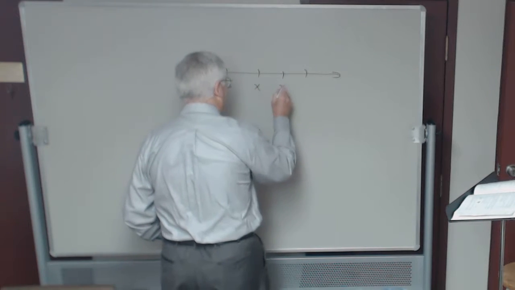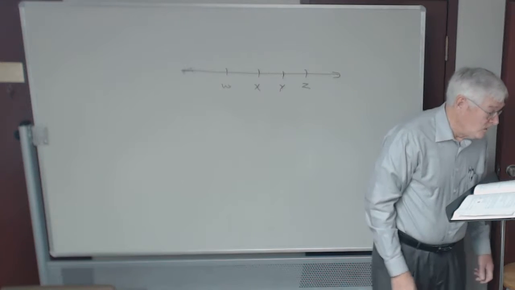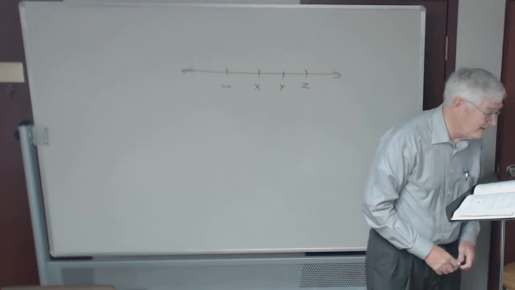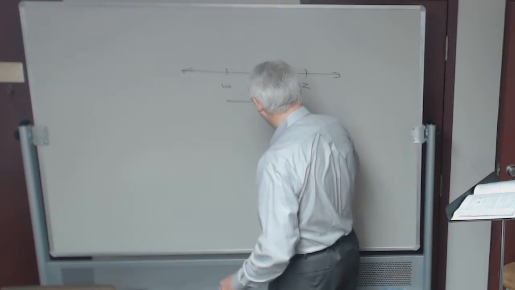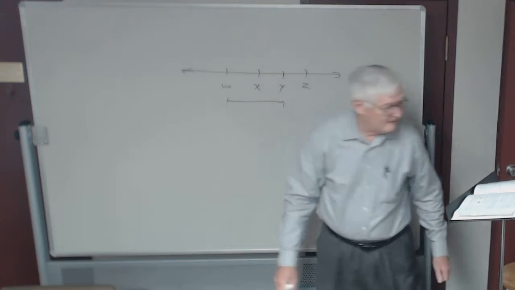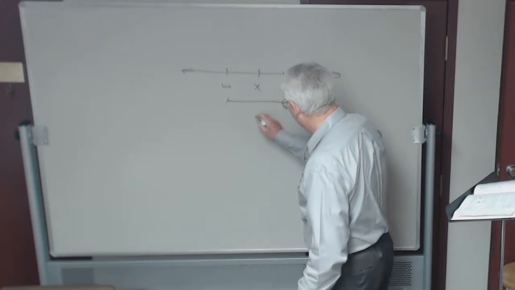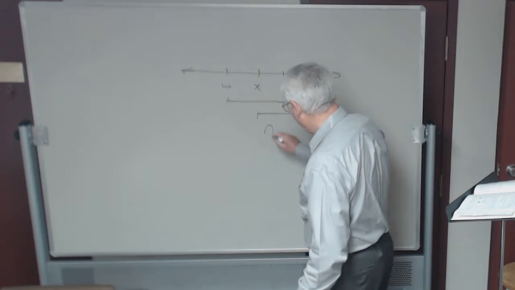W, X, Y, Z, and line segment WY, that would be here, wouldn't it? And line segment XZ, that would be here, wouldn't it? And where do they intersect?